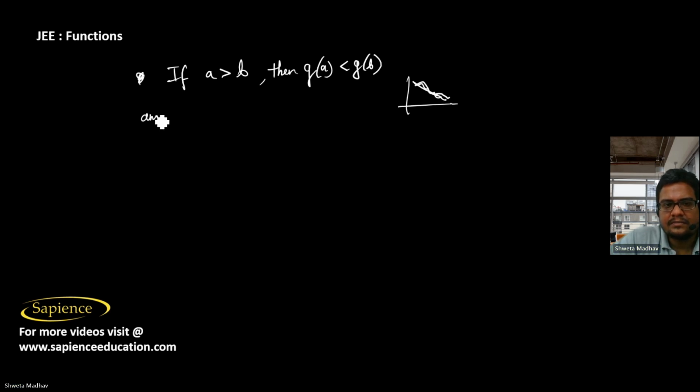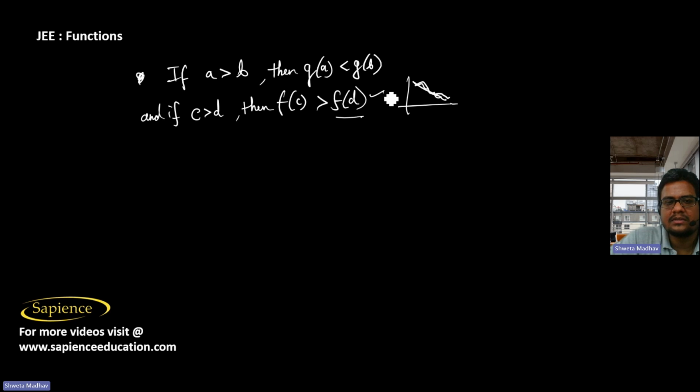And if suppose c is greater than d, then f of c will be obviously greater than f of d, since f is an increasing function. So now since g of a is less than g of b, I can say that f of g of a also will be less than f of g of b.